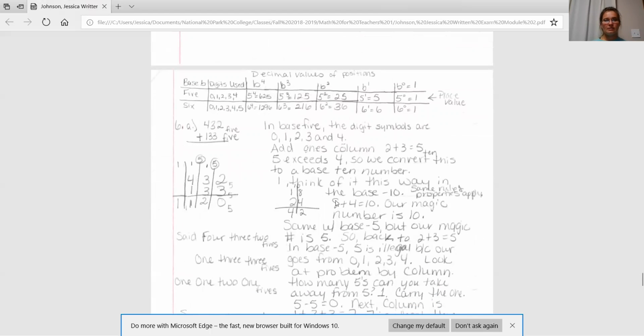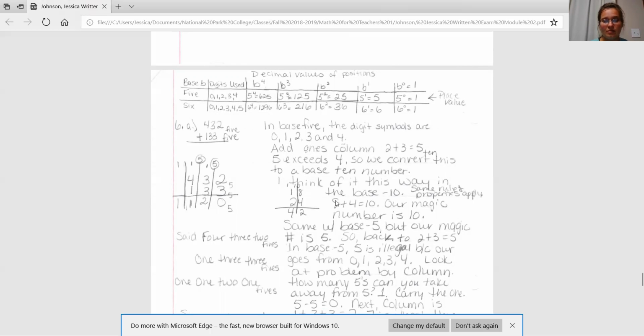Okay, now let's talk about base 5 and base 6. I like adding by base 5. It's fun. Okay, so you take 2 plus 3. Here's what's important to know. Just like base 10, base 5 has place values.